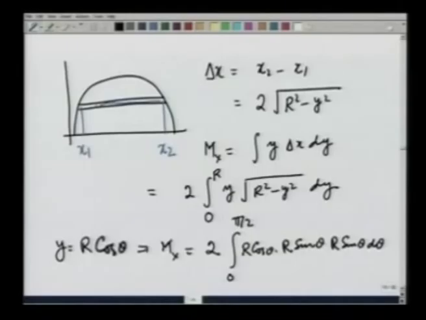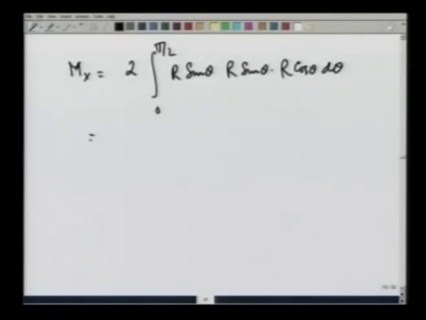So, we have mx equal to integration 2 0 to pi by 2 r sin theta r sin theta r cosine theta d theta, which is 2 r cubed integration 0 to pi by 2 sin square theta cosine theta d theta.